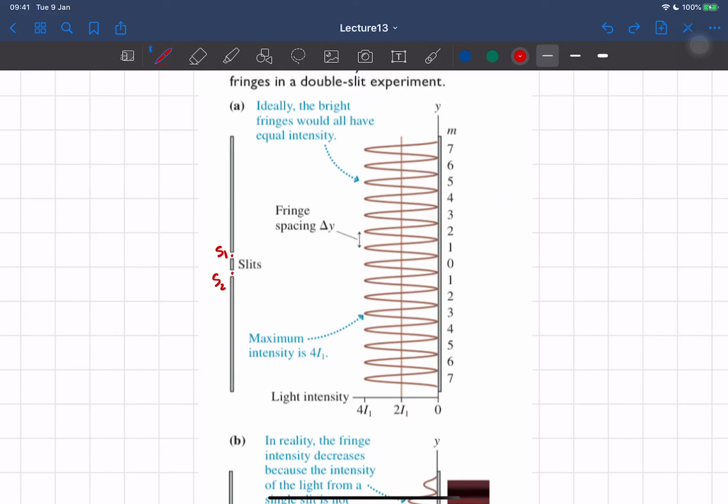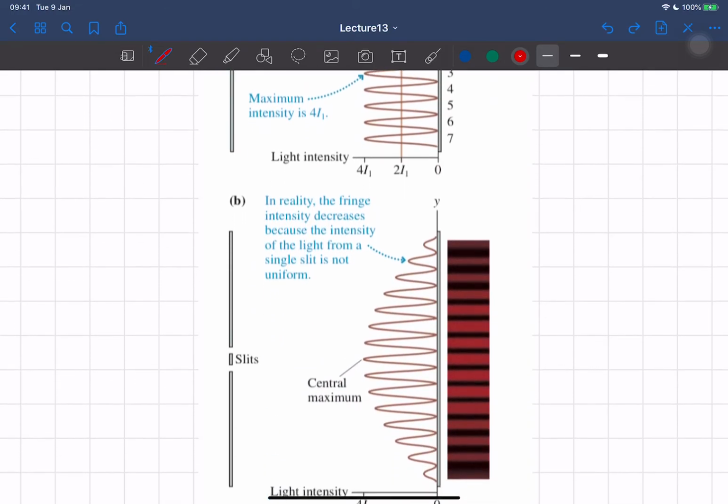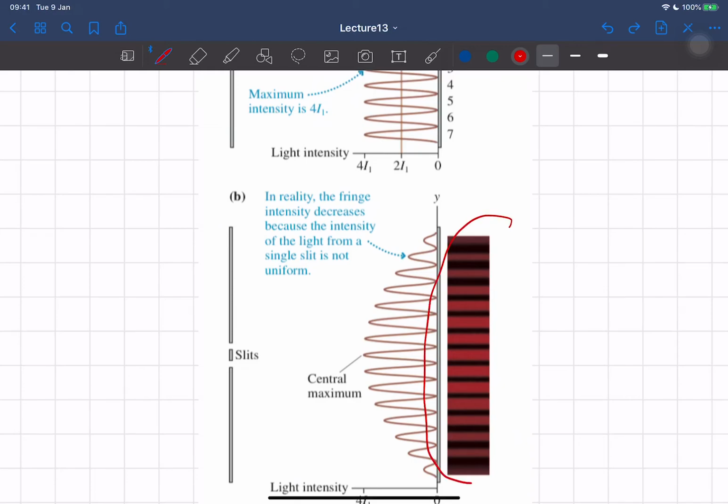It's a little bit confusing, but this graph here shows the intensity on this screen, right? So if you look at the screen on a piece of paper, it's gonna look something like this, a bright stripe or spot on the screen or dark spot on the screen, okay?